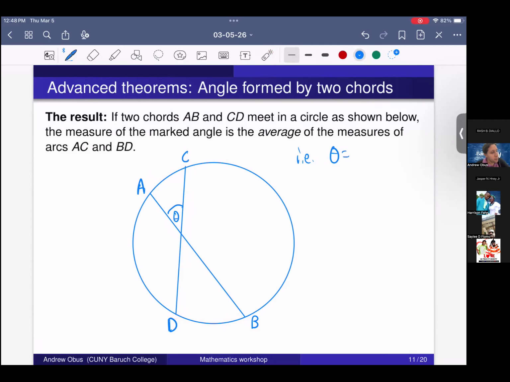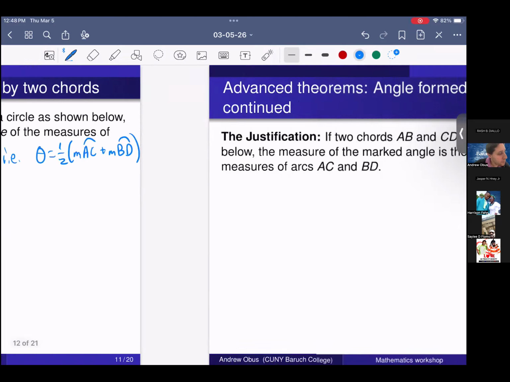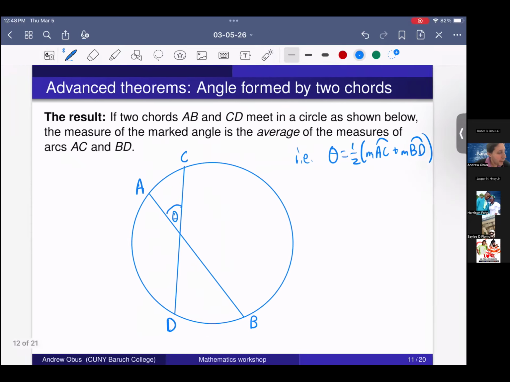So theta is 1/2 times the measure of arc AC plus the measure of arc BD, where M stands for measure.